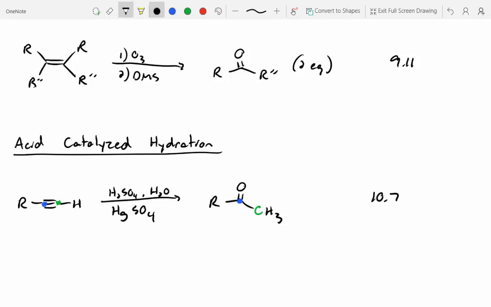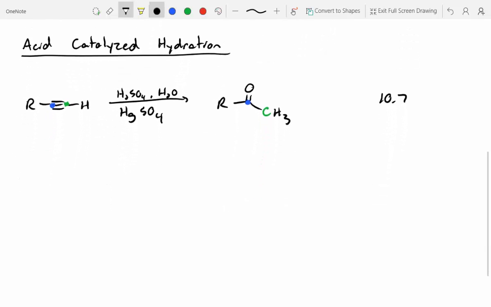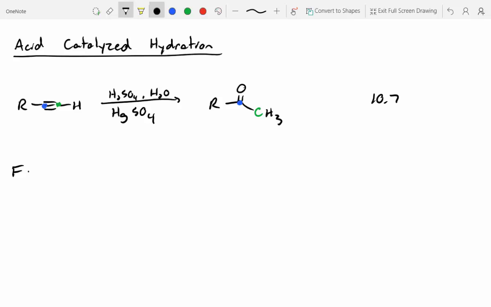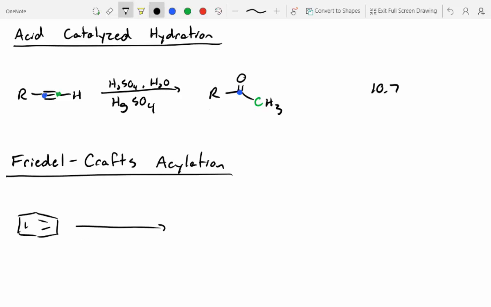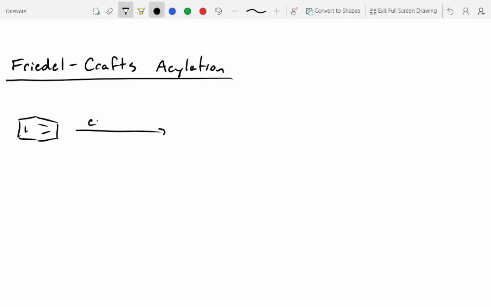Do we know of any other ways to make ketones? Anybody? Friedel Crafts. Yeah, we just covered one other way. And with Friedel Crafts acylation, we said you can take a benzene or substituted benzene, and you can react this with an acid halide, and I'll just put R on, and aluminum trichloride.